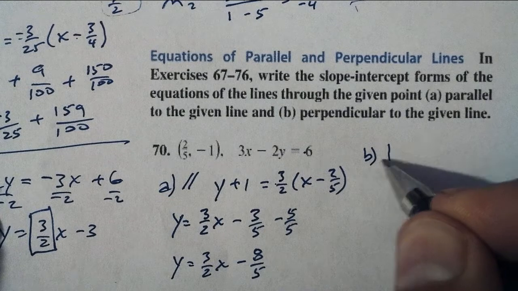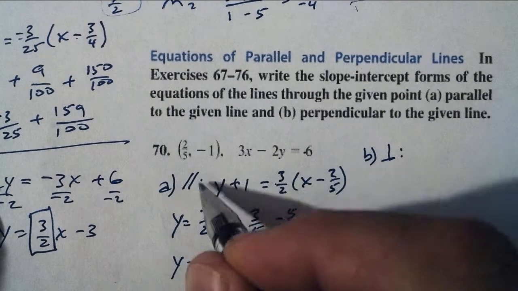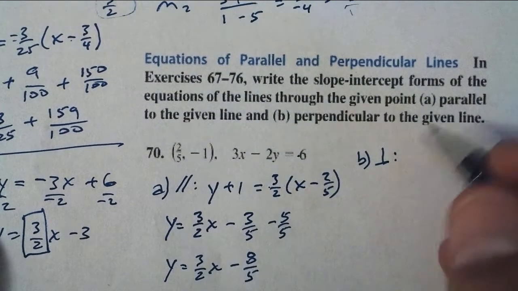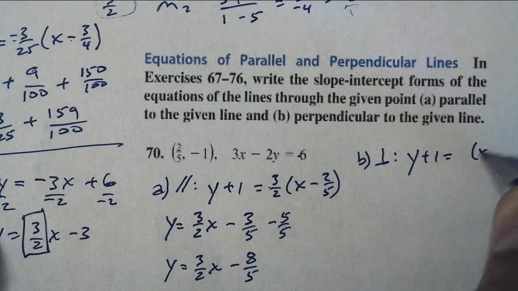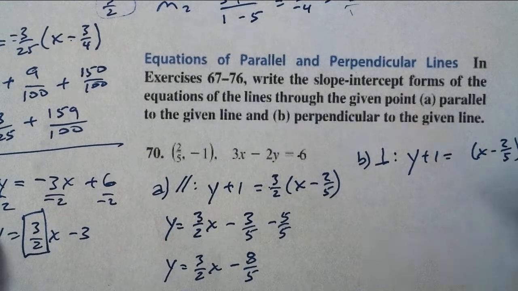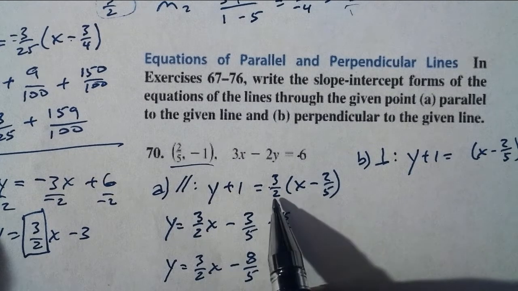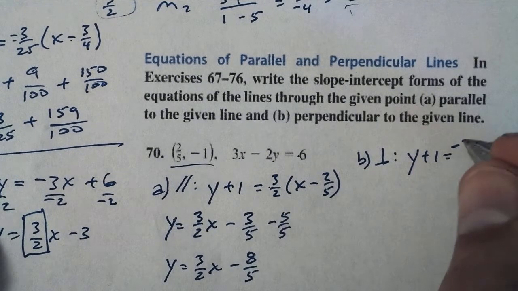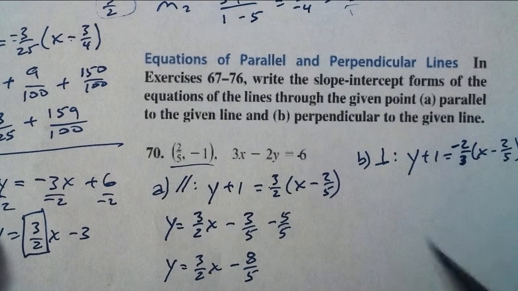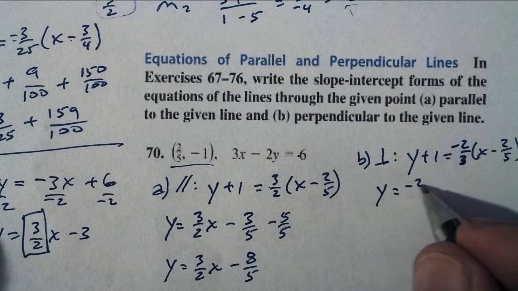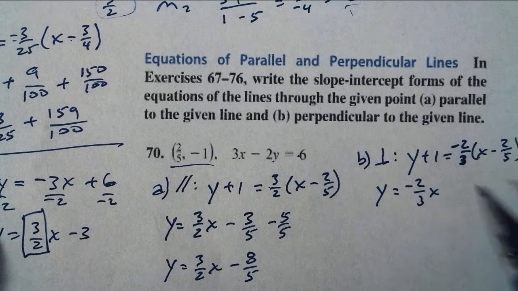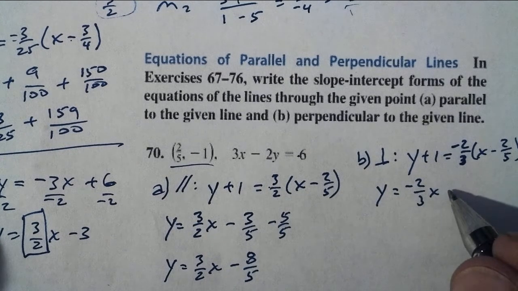And B, perpendicular. Well, it's the same. y plus 1 equals an x minus 2/5 here, because that's our point. But the slope we need is the opposite reciprocal of 3/2, so negative 2/3. So I get y equals negative 2/3 x. Nothing cancels.